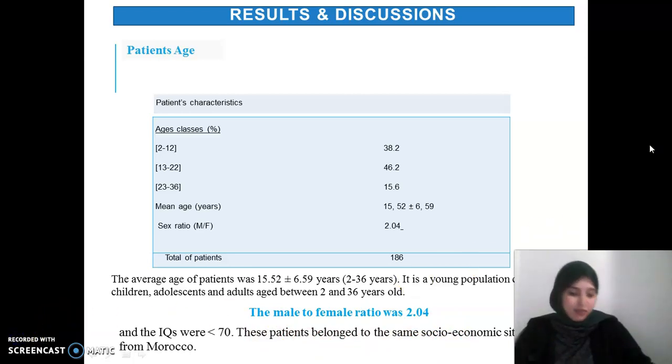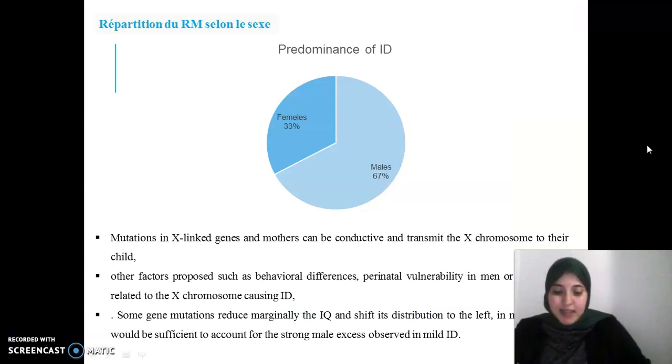In accordance with the literature data, a high male predominance is observed. So we have 65% ID males versus 33% ID females. This discordance between males and females is due to mutations in X-linked genes and can be explained by mothers being carriers and transmitting the X chromosome to their child, and other factors proposed such as behavioral differences, perinatal vulnerability in men, or risk factors related to the X chromosome causing ID.